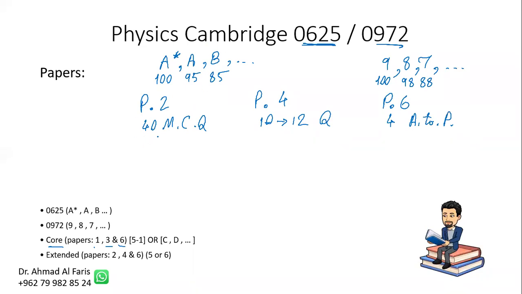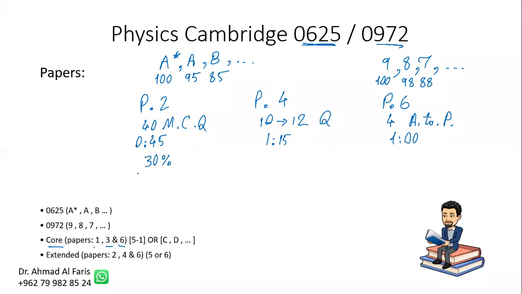The 40 multiple choice questions have 45 minutes, paper 4 is 1 hour 15 minutes, and paper 6 is only 1 hour. This paper is 30% of your mark.